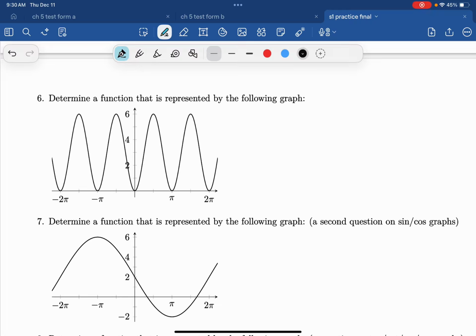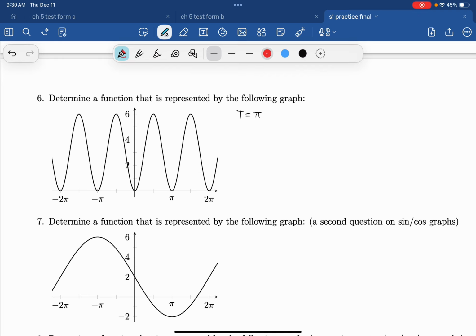Moving on, let's look at a function that is represented by this graph. So the first step is always to think about the period. And then we're going to think about the minimum and maximums of this graph. So the period, represented by t, is going to be pi.